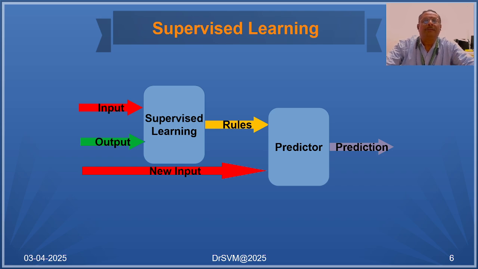So, for example, the input may be two types of animals like dog and cat. So, the output will be the words dog, cat. So, we have input, which is a set of images which are labeled. The labels are the class to which the animal in the picture belongs.